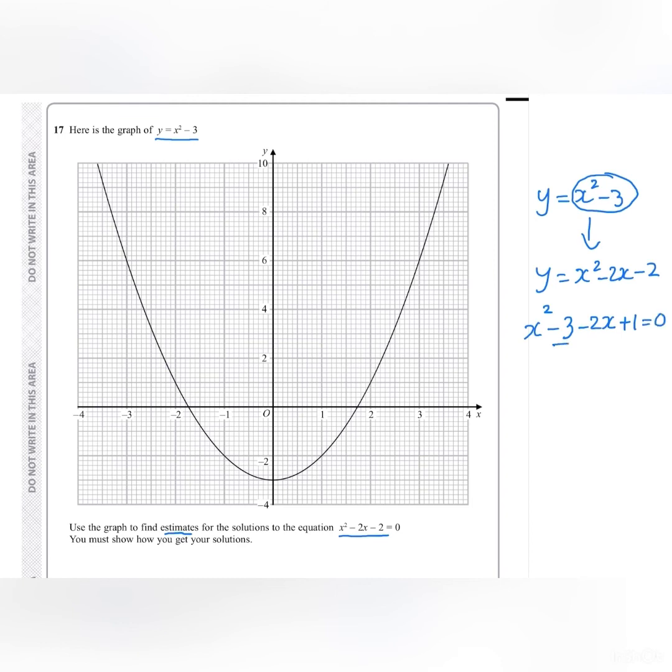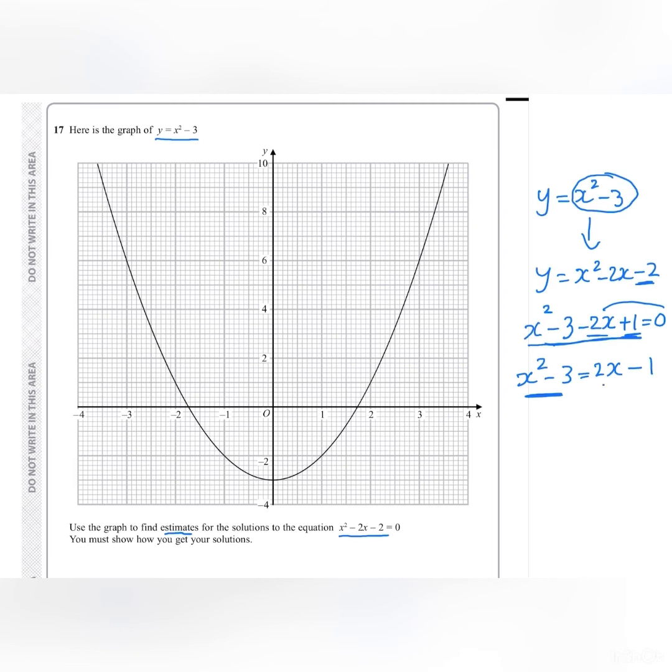So this minus 3 and plus 1 will give us a minus 2, and then we've got minus 2. So if you rearrange this equation now, it should make x squared minus 3 equals, taking away 2x from both sides, 2x and then minus 1 on this side. Okay, so this was the original equation.